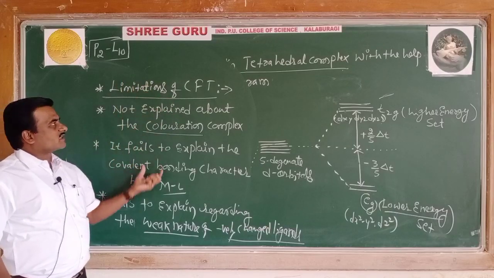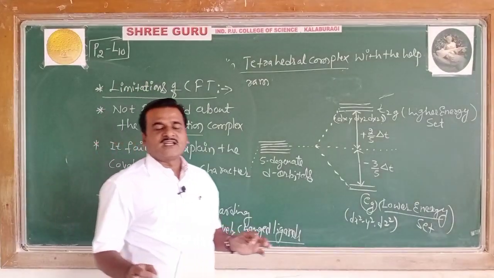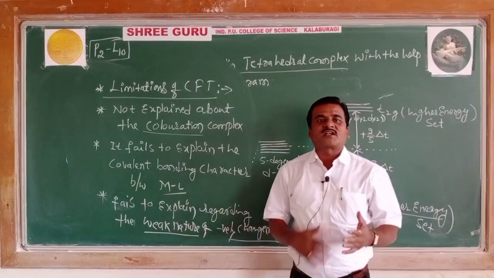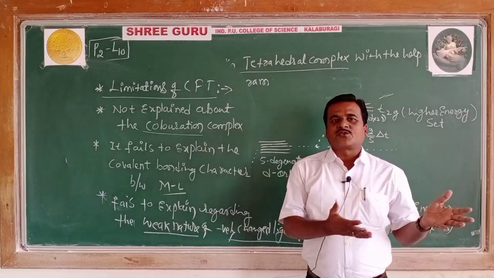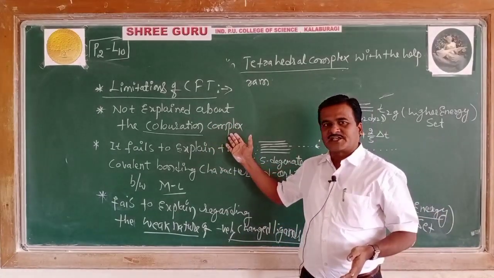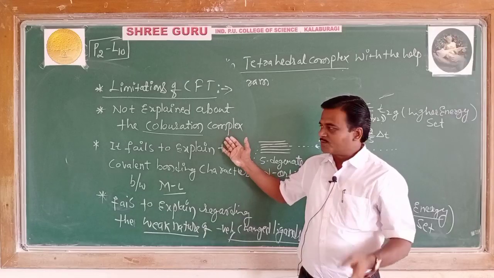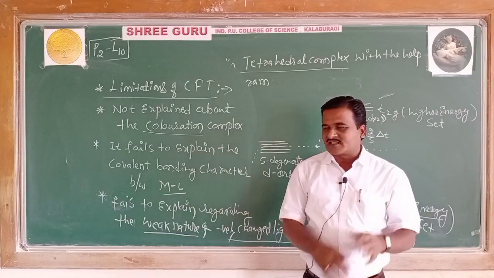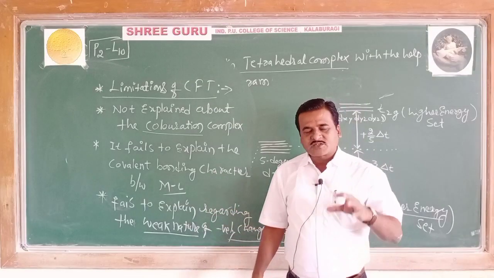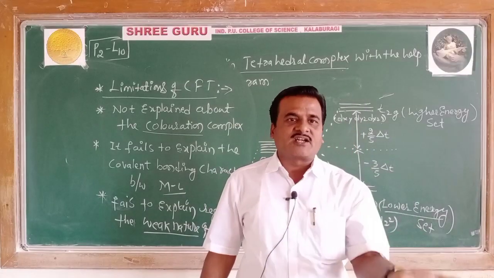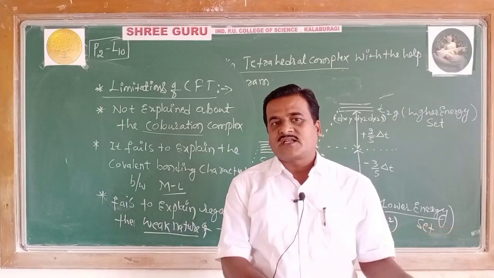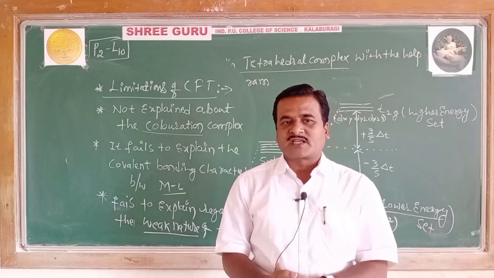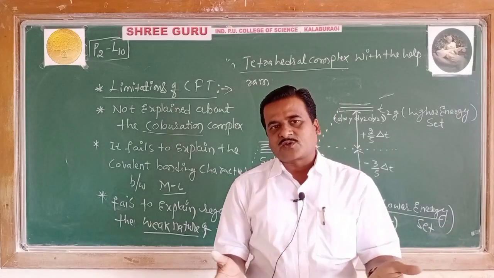Lastly, we covered the limitations of crystal field theory. First, it could not explain the coloration of complexes. Second, it fails to explain the covalent bonding character between the metal and the ligand. Third, as per this theory anions must act like strong ligands, but instead they are weak ligands, and as a result they are placed at the left of the spectrochemical series.